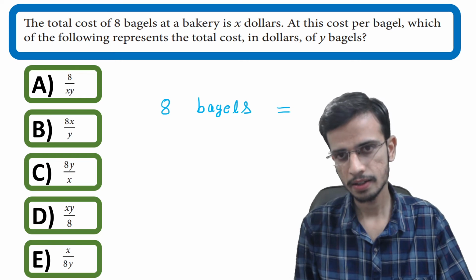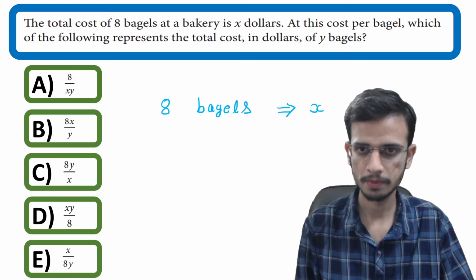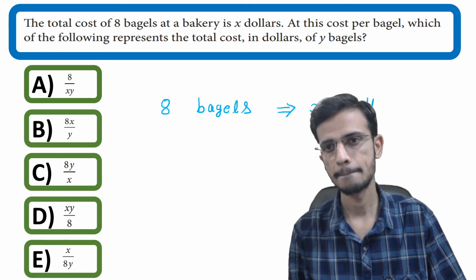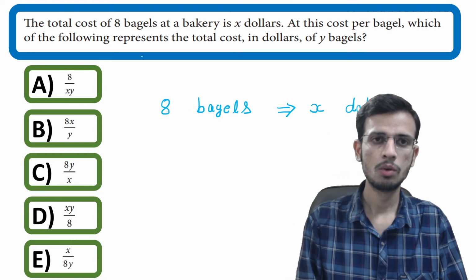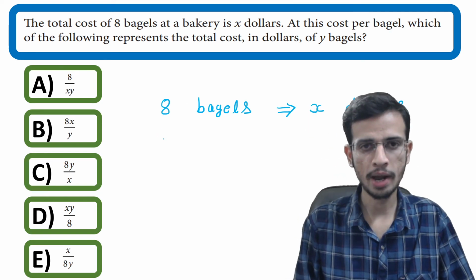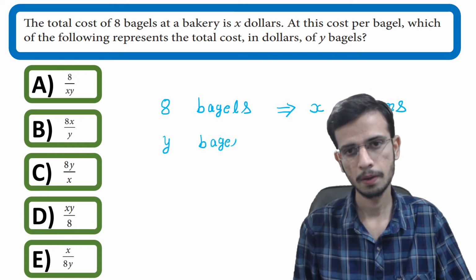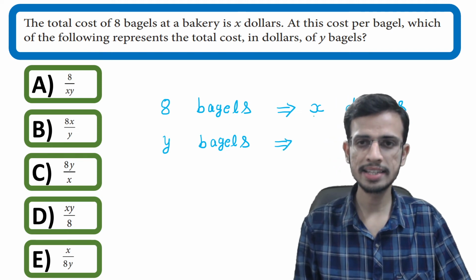You can simply write, you can get 8 bagels in X dollars, right? Then the total cost of Y bagels. So just multiply this with this, right?